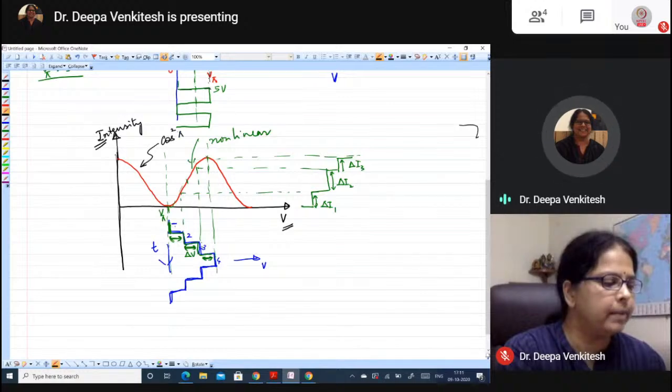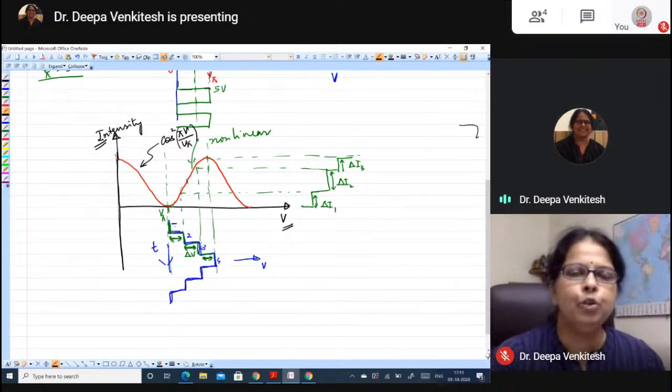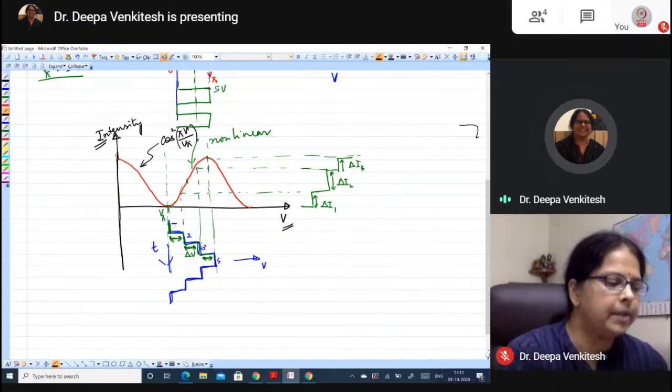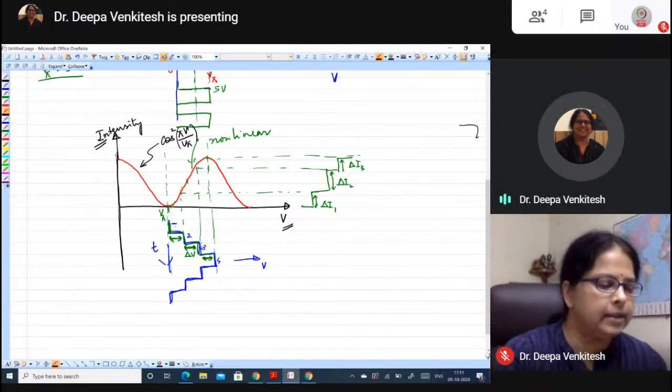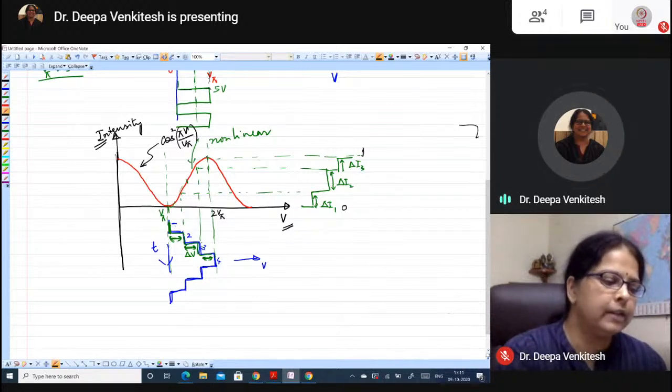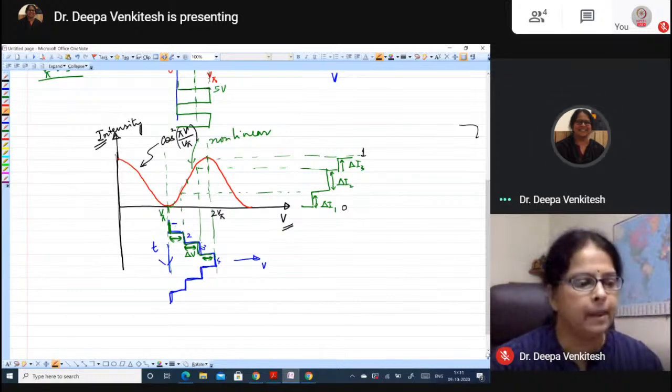This is cos square pi v by 2 v pi. Right? So when v is equal to v pi, this became cos square pi by 2, and that is why you got a 0 here. And when v became 2v pi, this became cos square pi, and so you got a high level here, right?